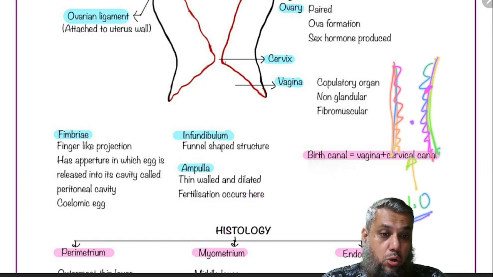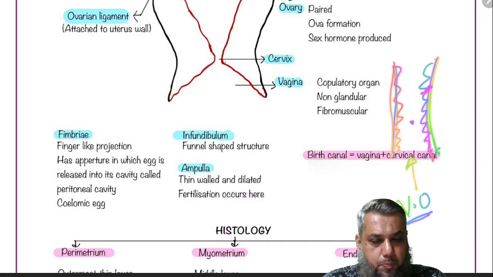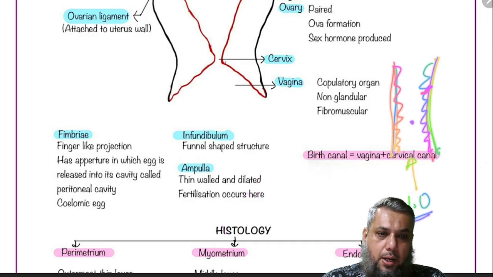But that also kills a lot of sperms at the time of natural insemination. So that is why a lot of male reproductive secondary organs produce alkaline fluids in order to neutralize the acidity of the vagina.